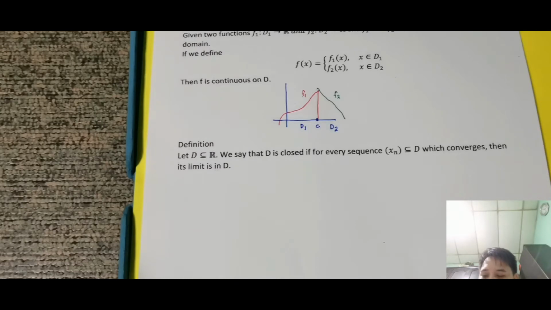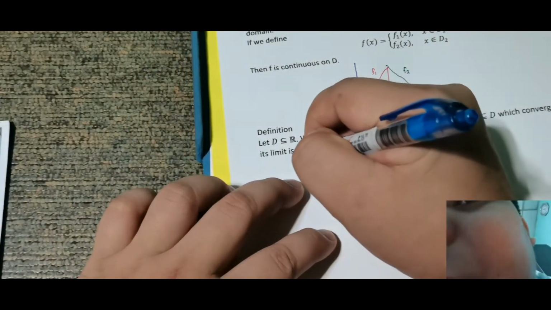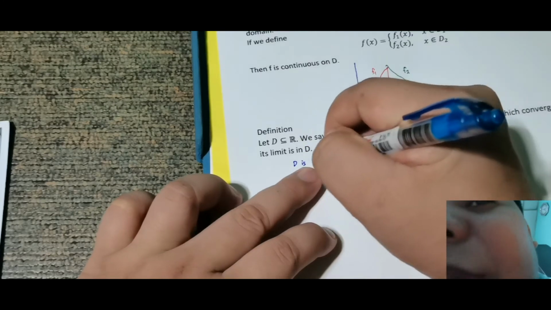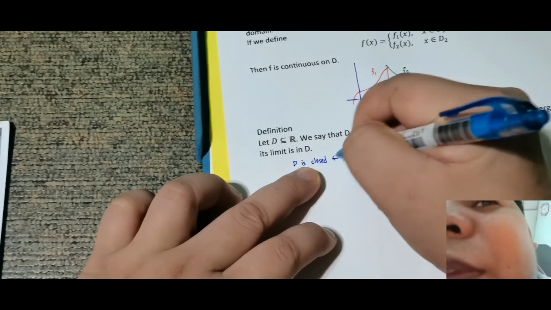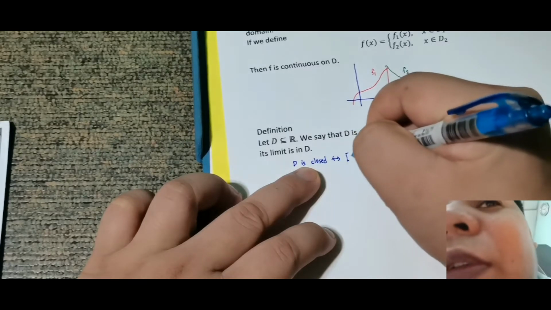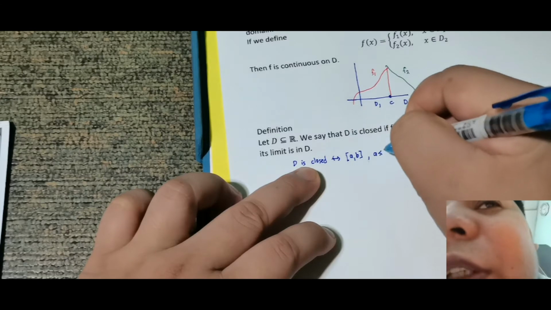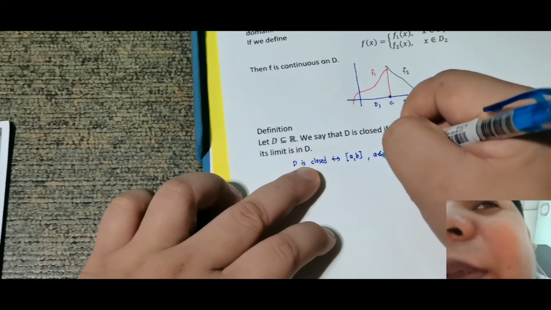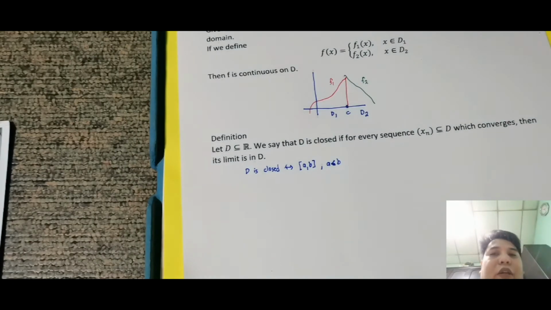Kung naalala nyo, para maging closed, D is closed if yung form is ganito: [a, b] for a less than or equal to b. Closed siya pag ganyan yung itsura.